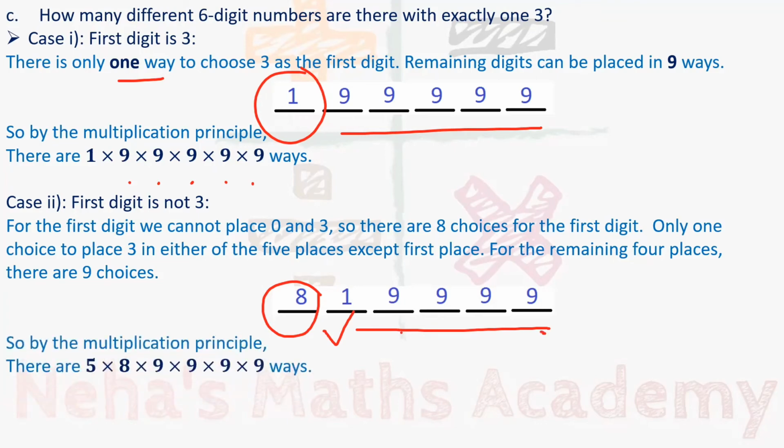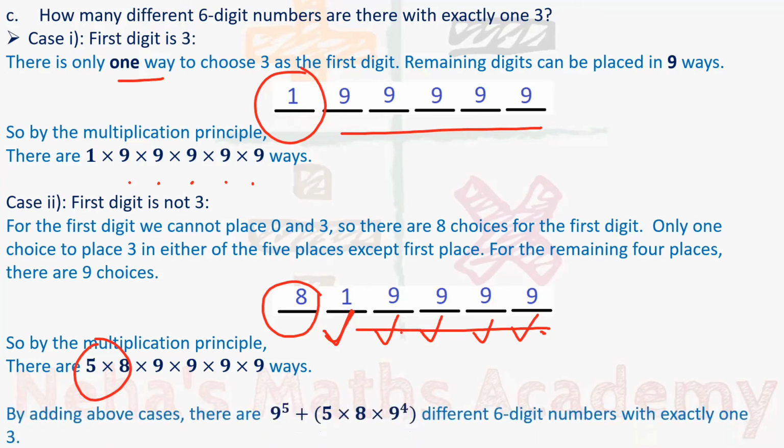So by the multiplication principle, there are 5 into 8 into 9 into 9 into 9 into 9 ways. Now why 5? Because 3 can be placed in any of the 5 places. By adding all the above cases, our total number of 6-digit numbers with exactly one 3 is 9 raised to 5 plus 5 into 8 into 9 raised to 4.